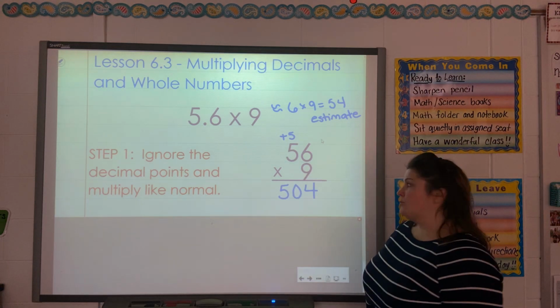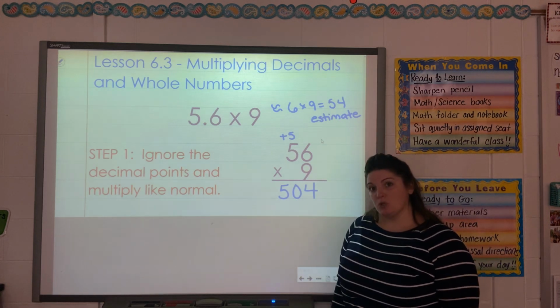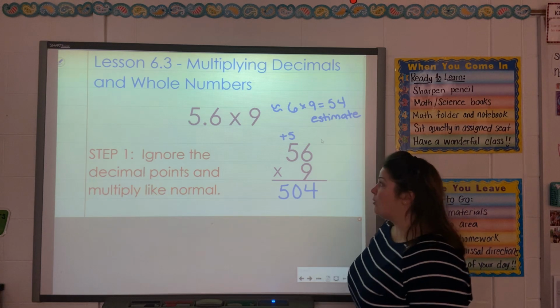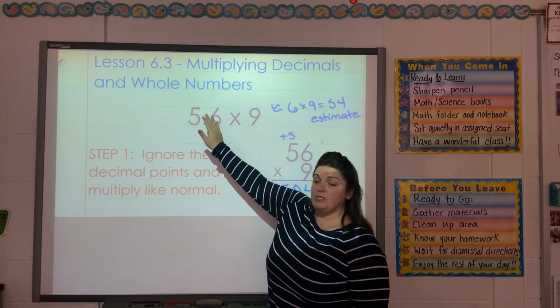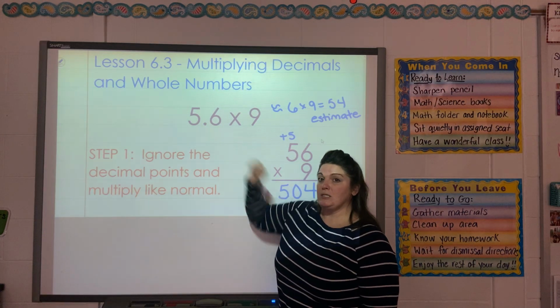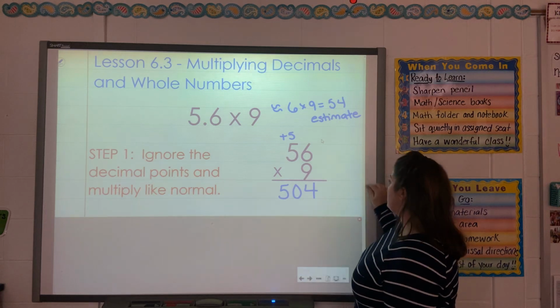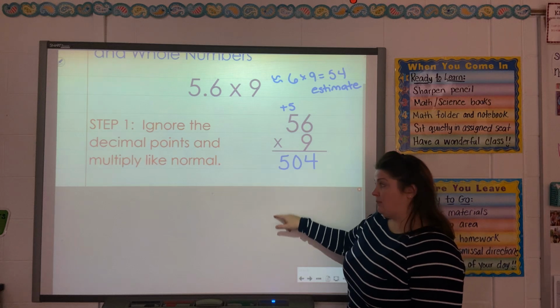Now you may think to yourself, well, our estimate was 54, why am I getting 504? That's because there's a step 2, we're not done yet. Remember, we had a decimal point. This was not originally 56, this was 5.6. So we have to go back in and figure out where to place the decimal point. It's a counting game.